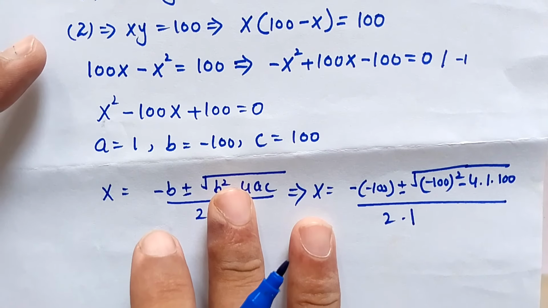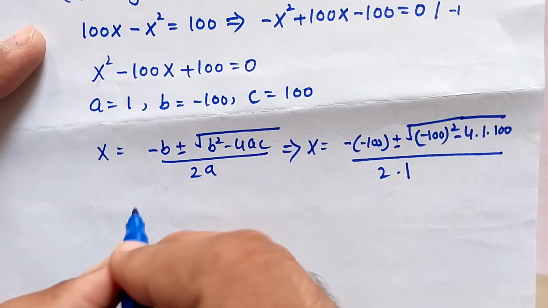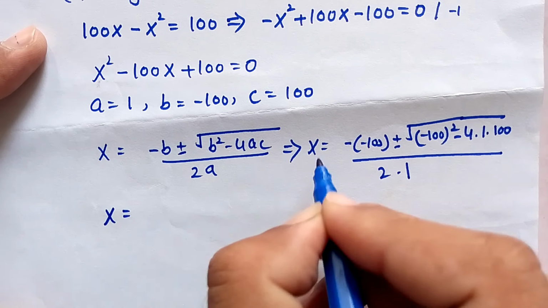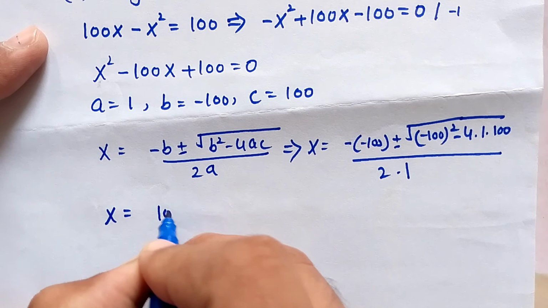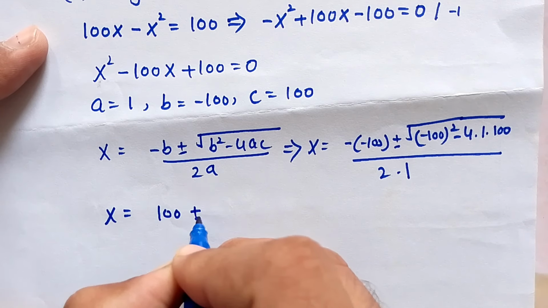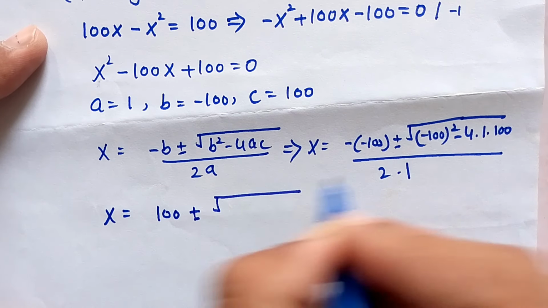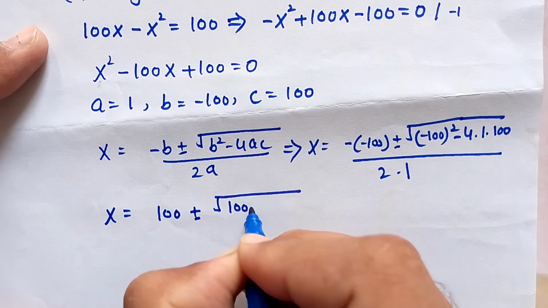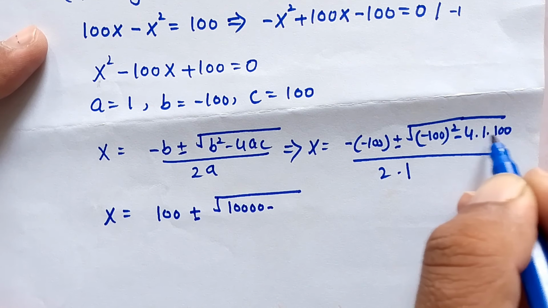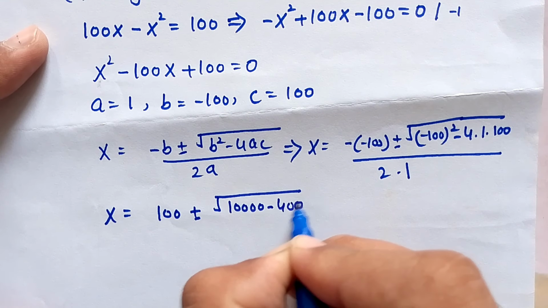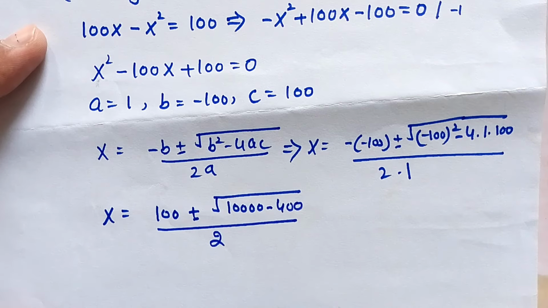Now in the next step to solve this, here x is equal to minus times minus is equal to plus 100 plus minus square root of, this is 10,000 minus 400 over 2.